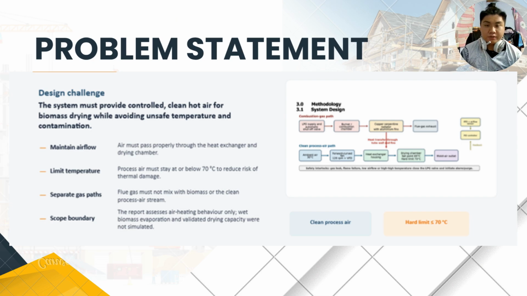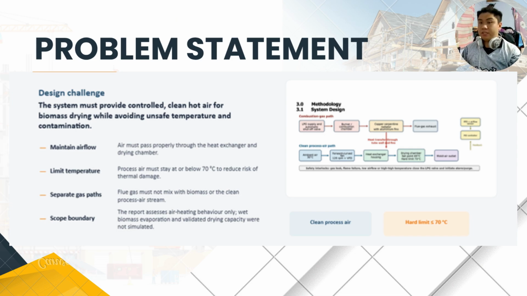Another important issue is safety and air cleanliness. Since LPG combustion produces flue gas, the system must prevent the flue gas from coming into direct contact with the biomass. This is why an indirect heating system is used.